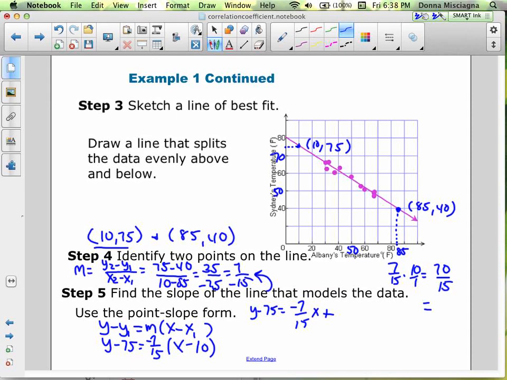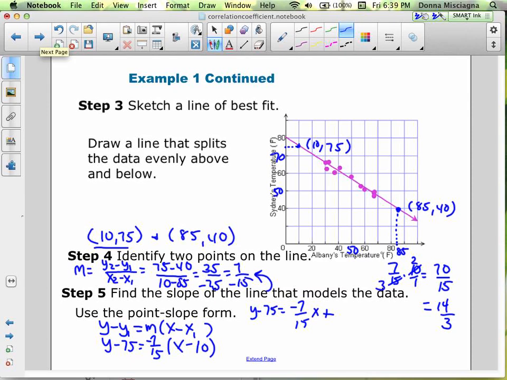Or you could recognize that those two numbers you can cross-reduce when you multiply. They're both divisible by 5, so this would be 3 and 2, which means this is going to be 14/3. Or you can divide 70 and 15 by 5 and still get 14/3.